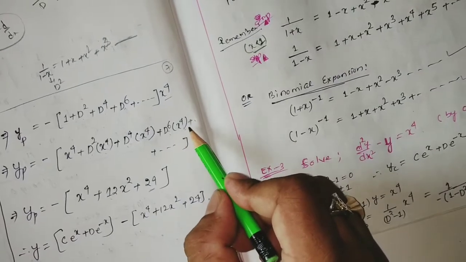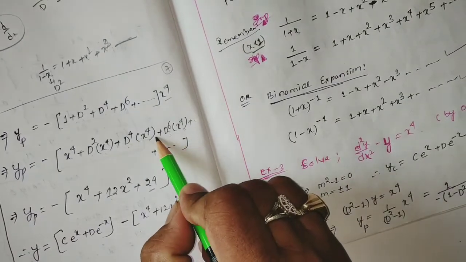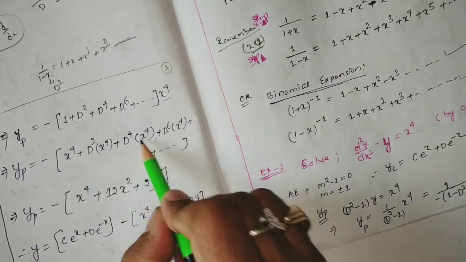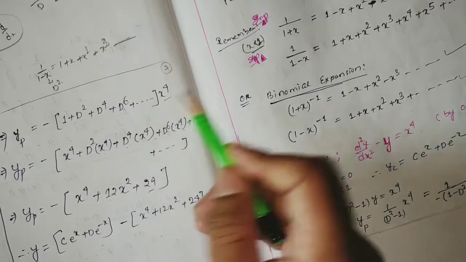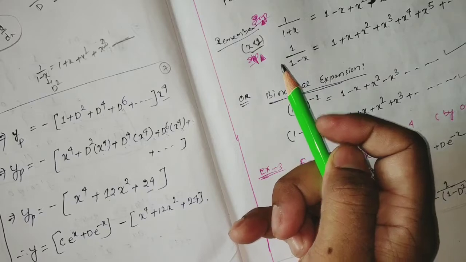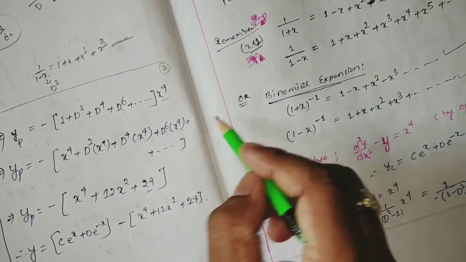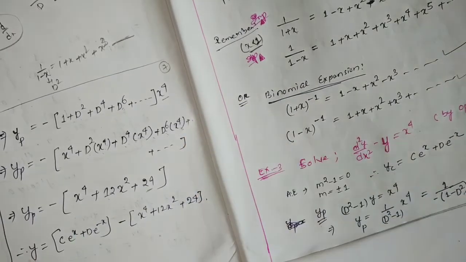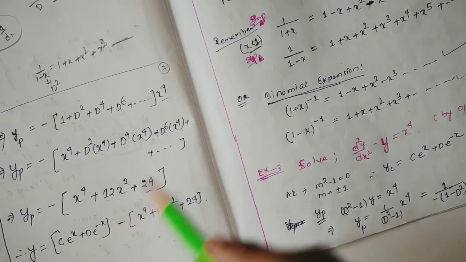So likewise, here we have to stop taking the terms, because D6 of x to the power 4 gives 0. Again D8 of x to the power 4 will be 0, so no need to take those higher order terms.